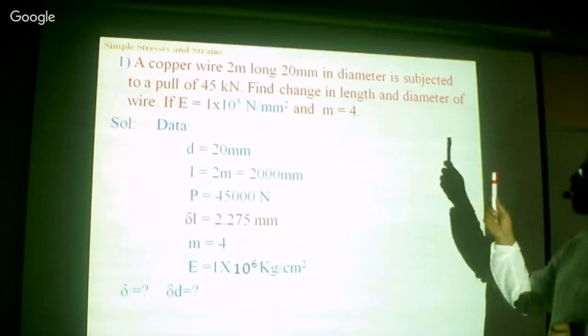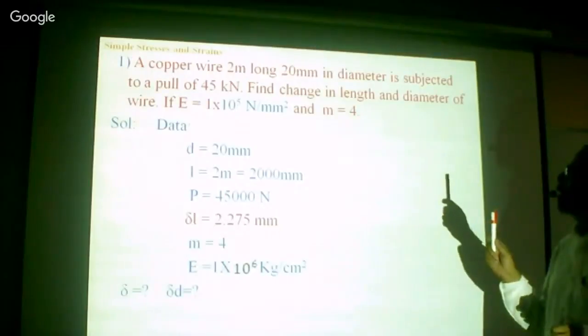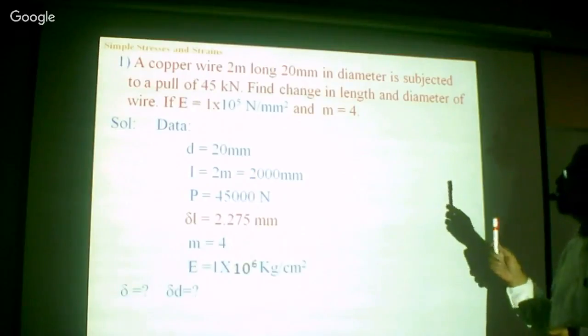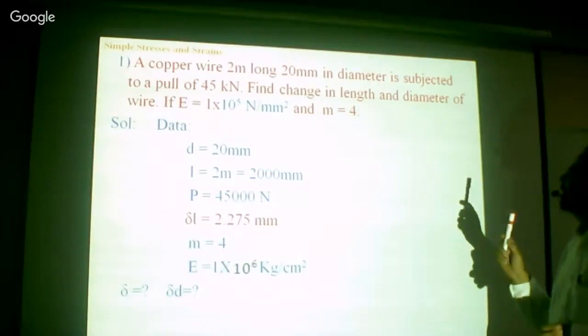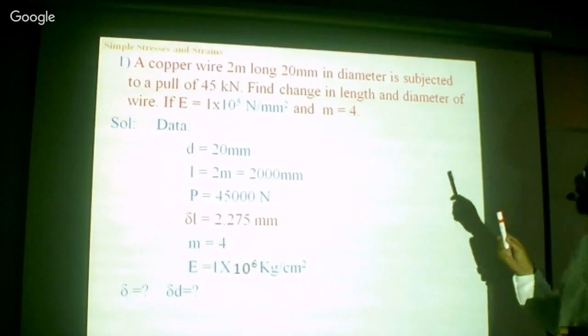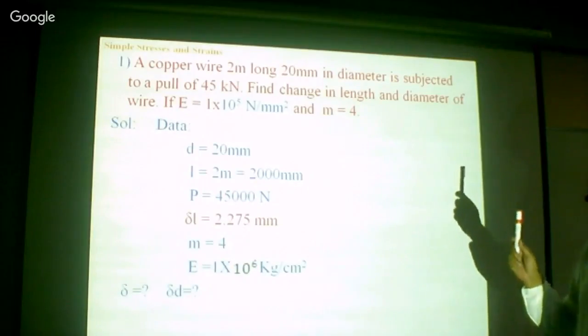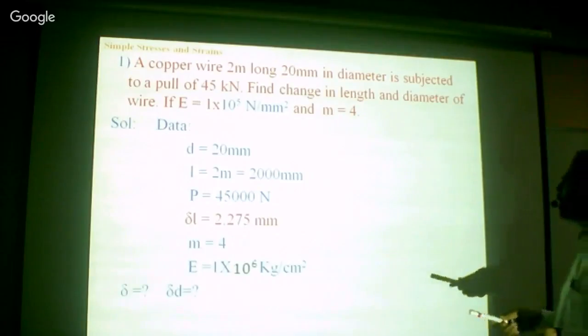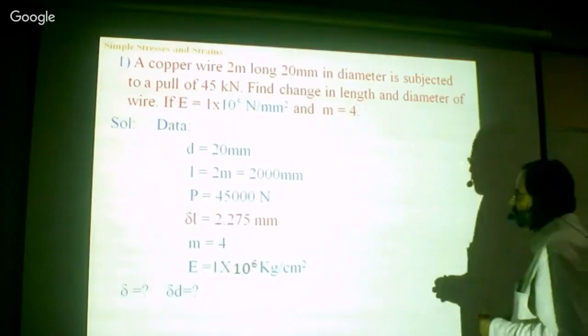A copper wire 2 meter long, 20 mm in diameter is subjected to a pull of 45 kilonewtons. Find the change in length and diameter of the wire, if given Young's modulus is equal to 1 into 10 to the power of 5 newtons per millimeter square and m is equal to 4.